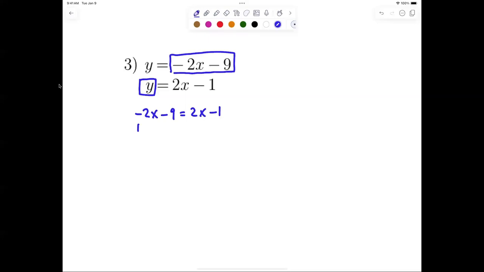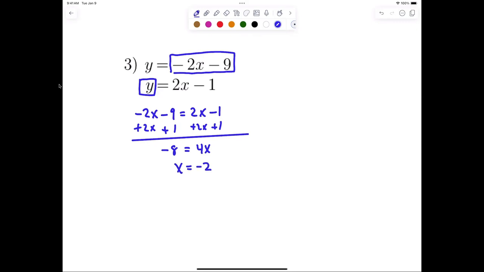Now I'm going to add 2x and add 1. 4x equals negative 8. So x is equal to what? So I know x equals negative 2.